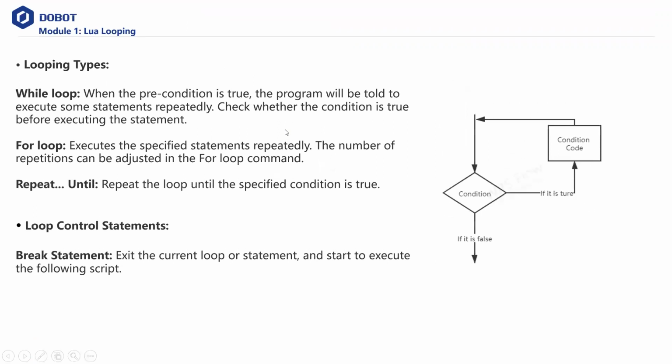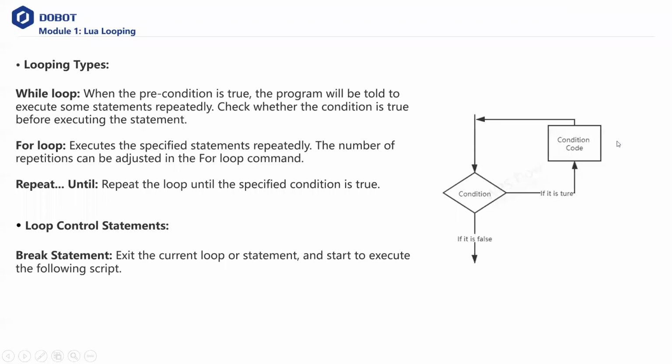Okay, the next is Lua looping, the looping types. So with a while loop, you loop while the precondition is true, and the program will execute some statements repeatedly. So it checks whether the condition is true before executing the statements.